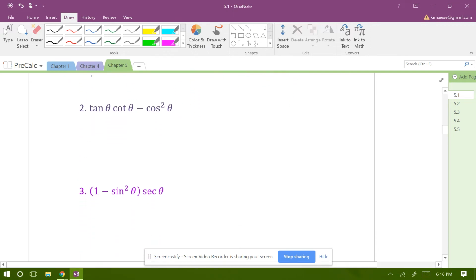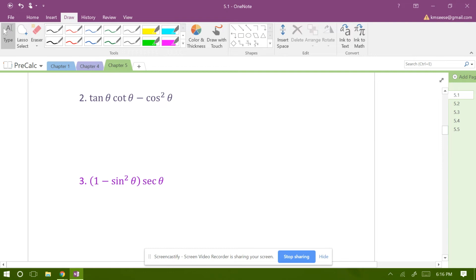All right, tangent of theta times cotangent of theta minus cosine squared of theta. Well, there's a variety of ways I could approach this. I could recognize that cotangent is the reciprocal of tangent, and write it as 1 over tangent.